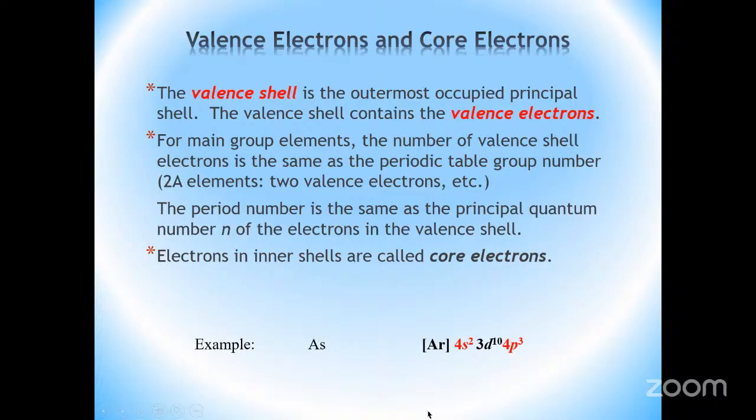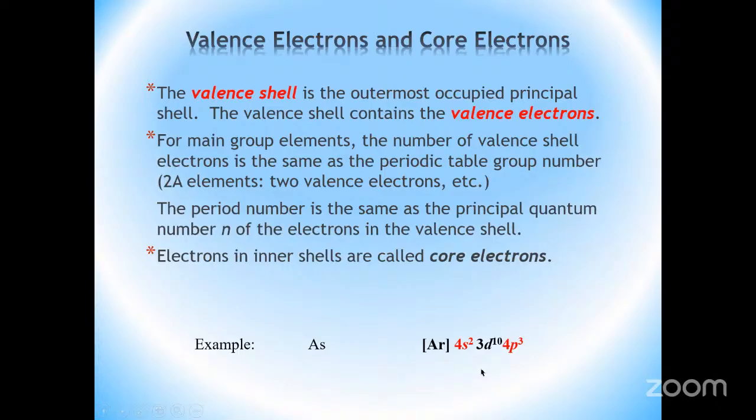The valence electrons are those located in the highest energy shell, which in this case is the 4th shell. So the number of valence electrons is 2 plus 3, that's 5.